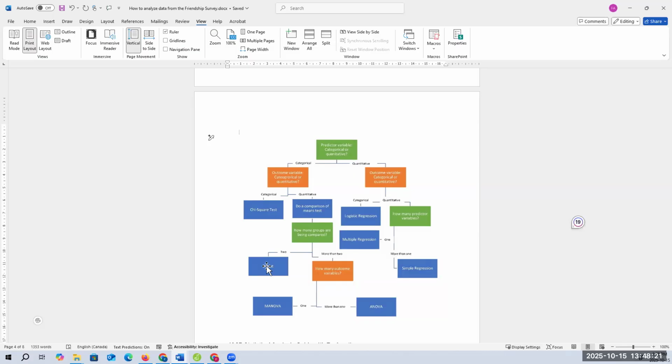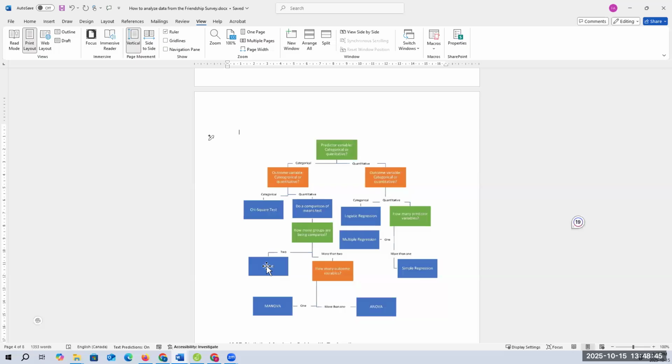And more than two in terms of the groups, you can do ANOVA, analysis of variance. How many outcome variables? So here they could be one outcome variable, or they could be more than one outcome variable. So you can do analysis of variance.